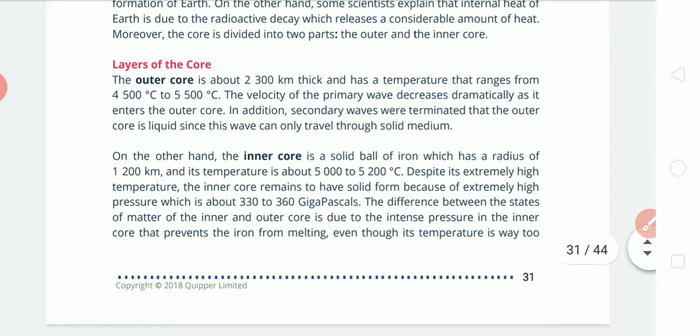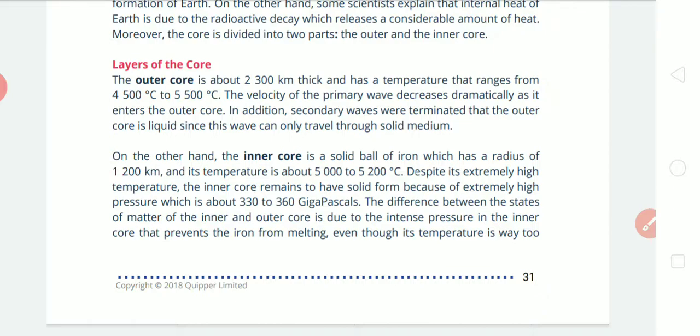The outer core is about 2,300 km thick and has a temperature that ranges from 4,500 degrees Celsius to 5,500 degrees Celsius. The velocity of the primary wave decreases dramatically as it enters the outer core. P waves are the type of seismic waves that can penetrate both solid and liquid media. Secondary waves or S waves are for solid media only.